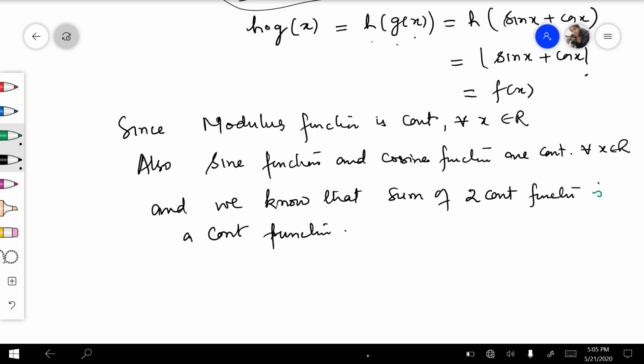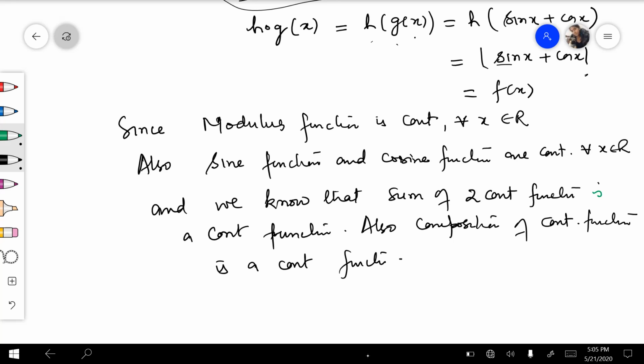अगर दो function continuous है तो उनका sum भी continuous होता है, और अभी recently we have proved that composition of continuous functions is a continuous function.